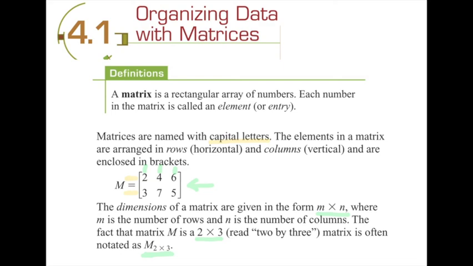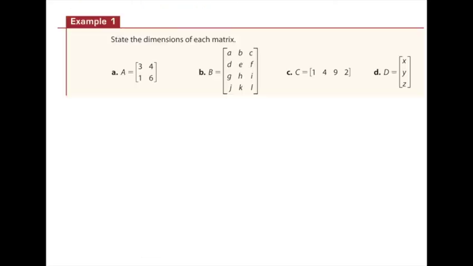So let's look at some of the things you do with them as far as just recognizing the different pieces of it. This says state the dimensions of each matrix. So if I were to state the dimensions, I would say my rows and then my columns. So this would be a 2 by 2. So the dimensions here would be 2 by 2. If I looked at this, I have 1, 2, 3, 4 rows and 3 columns, so 4 by 3.